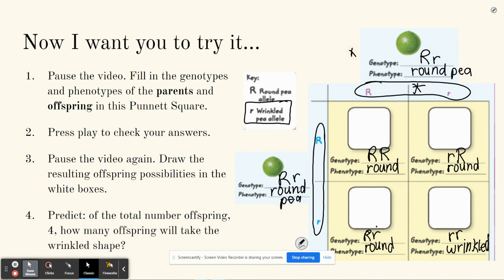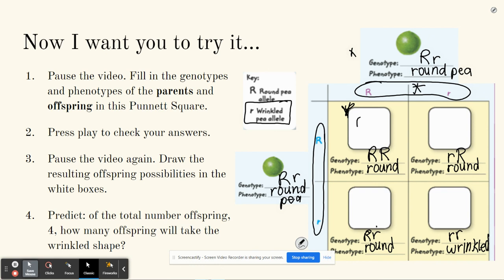So now, the last step is when I'm finished giving directions, I'd like you to pause the video again and draw in each of these 4 white boxes what the pea shape will actually look like given the phenotype, which is the physical appearance. All right, now that you have drawn your peas, let's compare our answers.